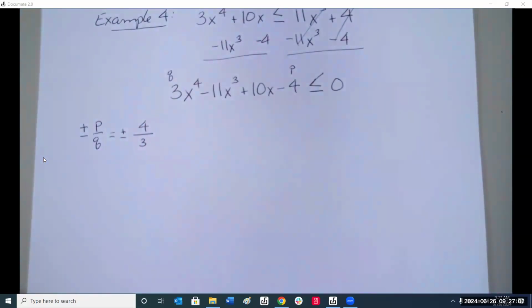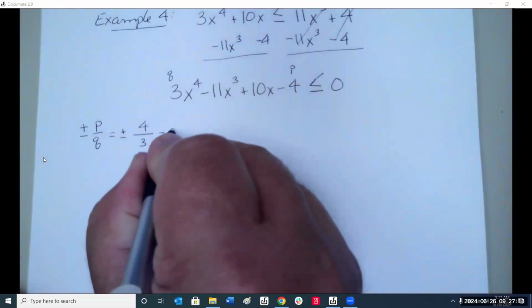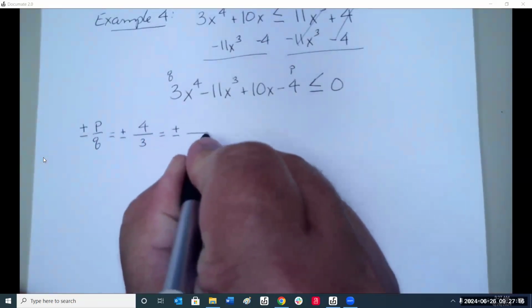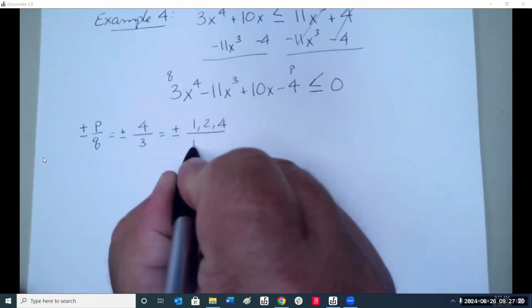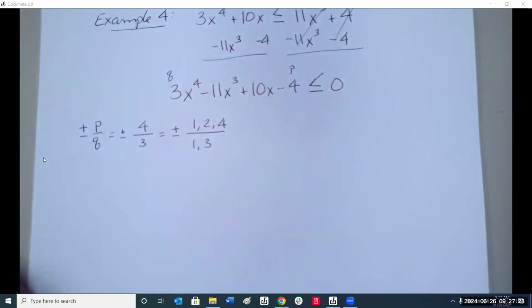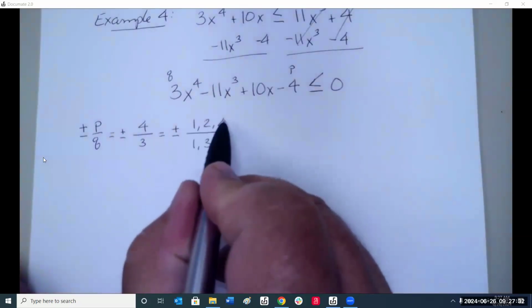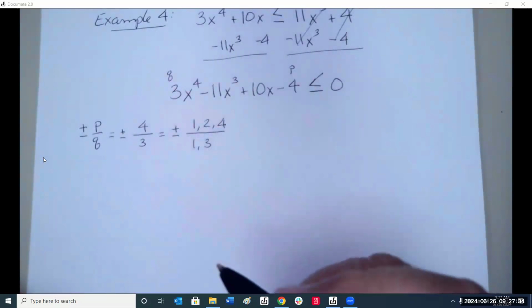What do we do next? What are the factors of 4? What are the factors of 3? So 4 is made up of 1 times 4 or 2 times 2.